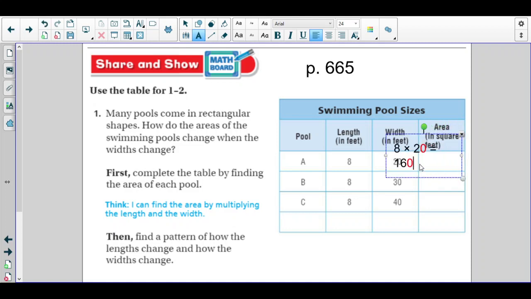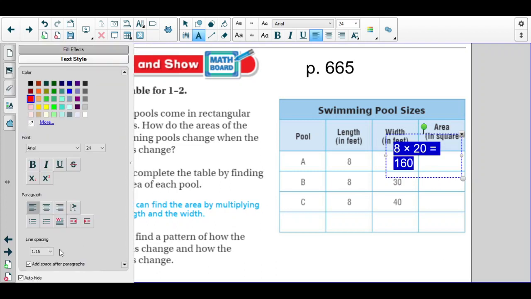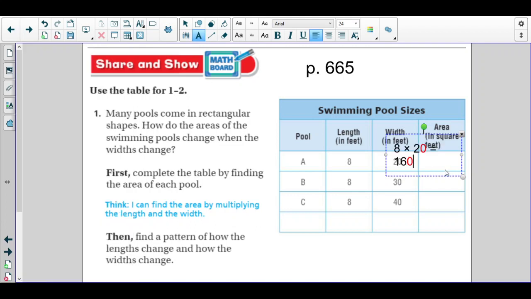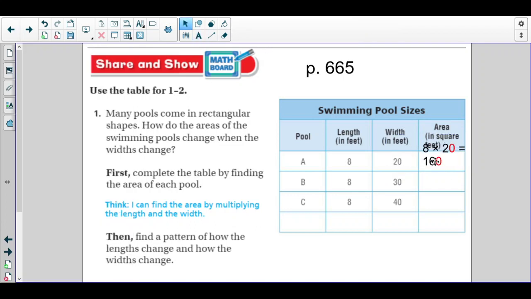All right, let's do just a little bit of property stuff here. So we'll put this up out of the way right here so you can see how we're going to do this.